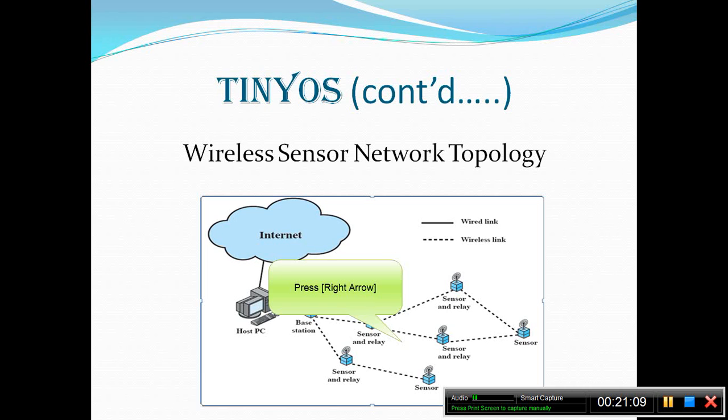This architecture shows a typical configuration. It has a base station connecting to a sensor network, that is the host PC, and passes on sensor data from the network to the host PC, which can do data analysis or transmit the data over a corporate network, as shown here, or internet to analysis servers.